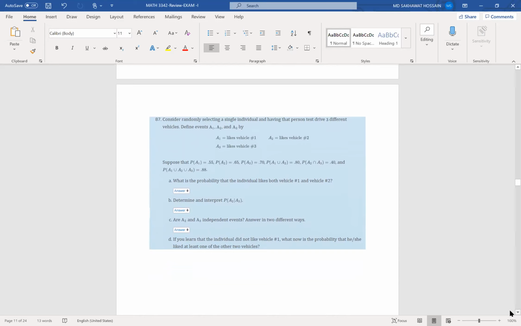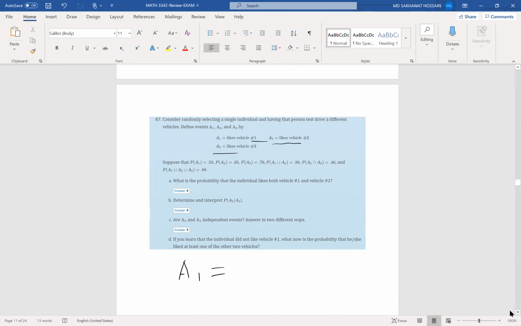Consider randomly selecting a single individual and having that person test drive three different vehicles. Define events A1, A2, and A3, where A1 is the person likes vehicle number 1, A2 is the person likes vehicle number 2, and A3 is the person likes vehicle number 3.